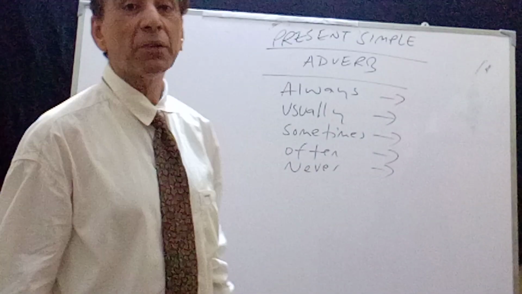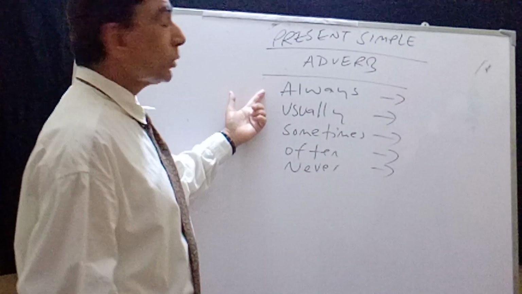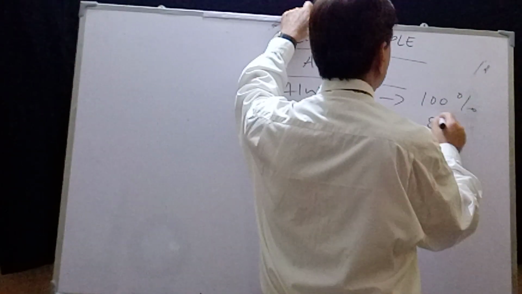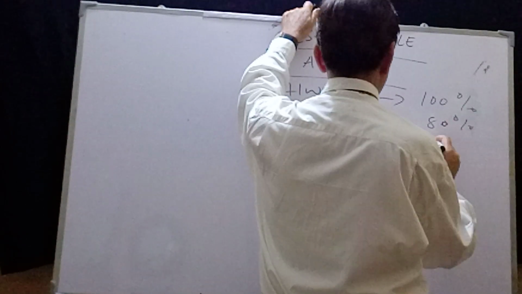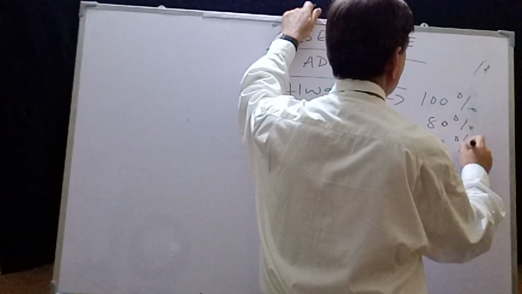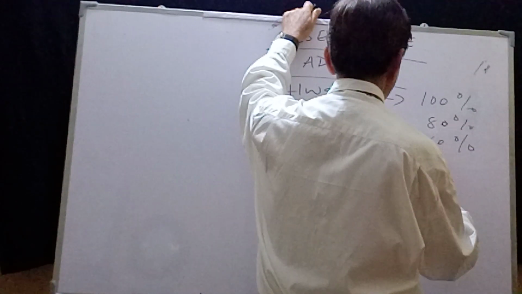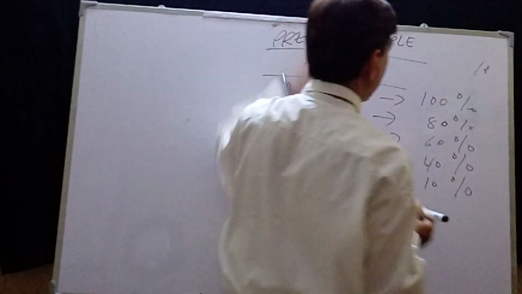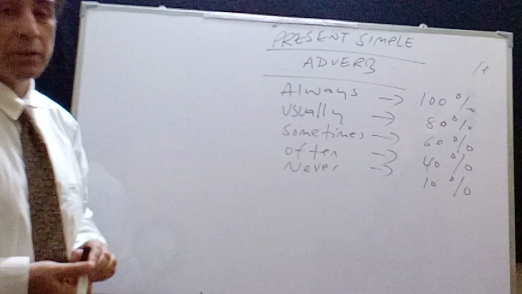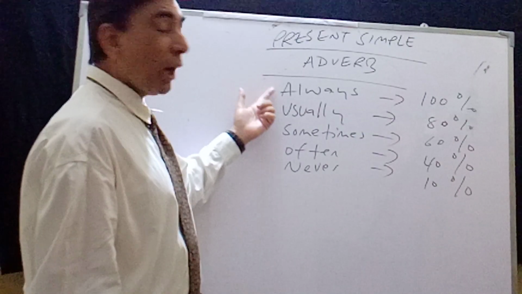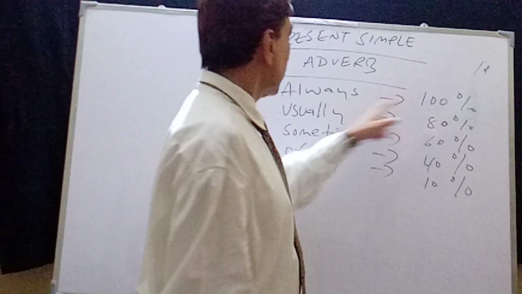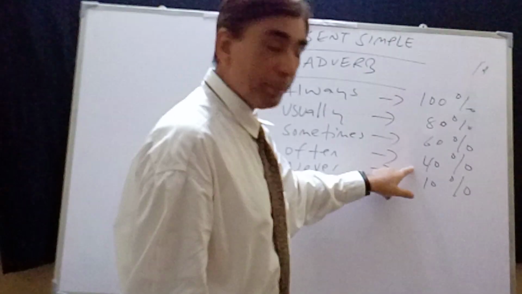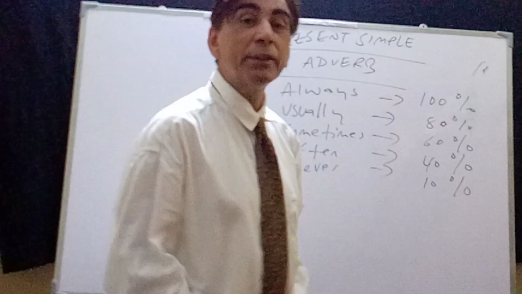In other words, we call these the adverbs of frequency. For instance, if you use always, it's 100%, usually 80%, sometimes 60%, often 40%, and never, almost 10%, almost nothing. These we call the adverbs of frequency.